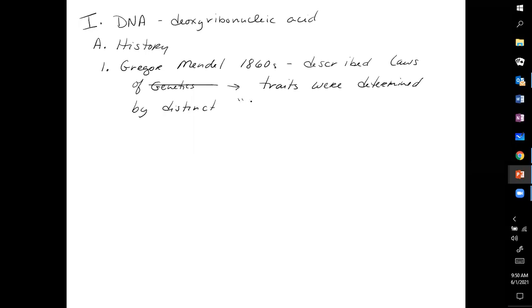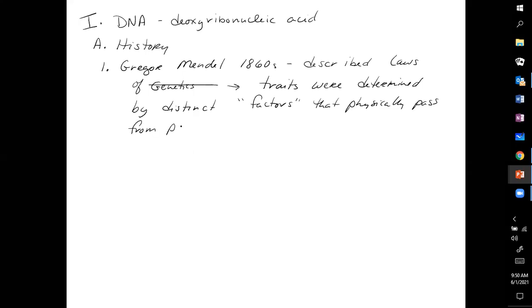That's the term he used. That physically pass in a reproducible way from parent to offspring.